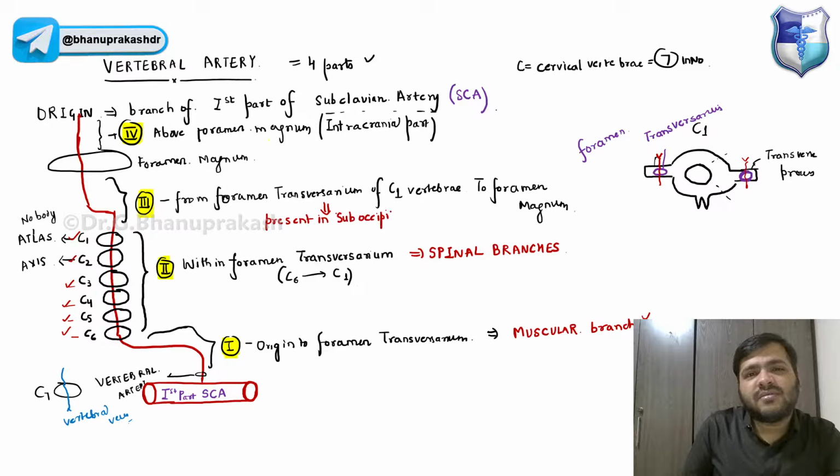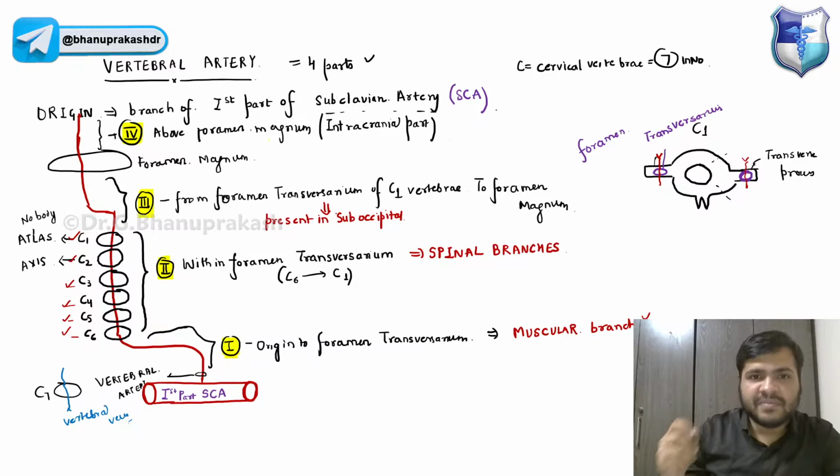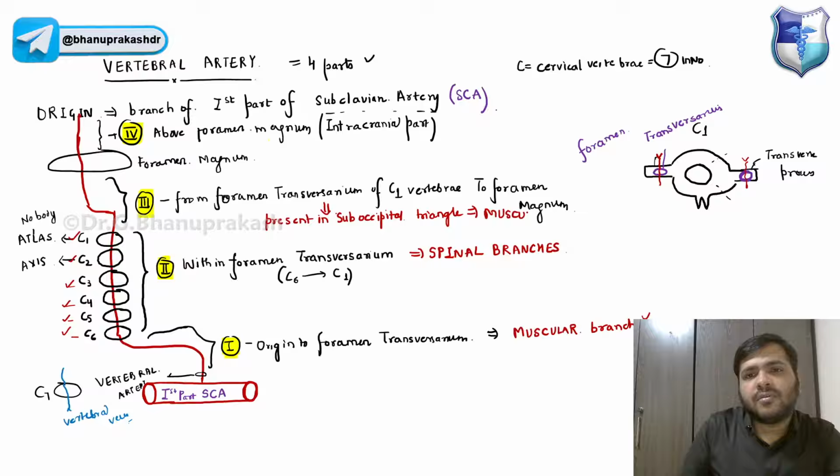I will be talking about this triangle when I discuss head and neck, right? It is present in the suboccipital triangle, and it also gives off muscular branches supplying the muscles of the neck, the occipital part actually, right?